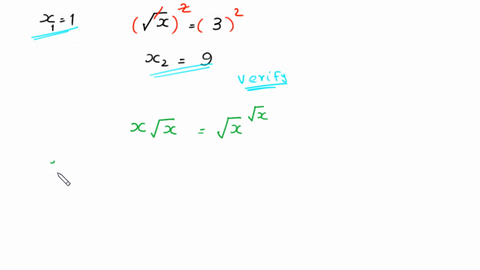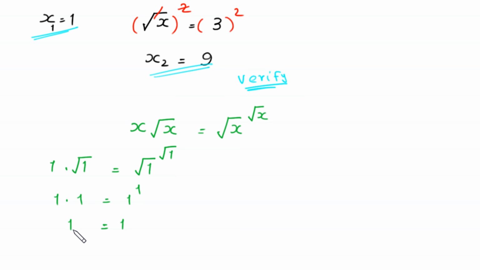So 1 times square root of 1 is equal to square root of 1 to the power square root of 1. 1 times square root of 1 is 1, is equal to square root of 1 is 1 to the power square root of 1 is 1. And 1 times 1 is equal to 1 to the power 1, 1.